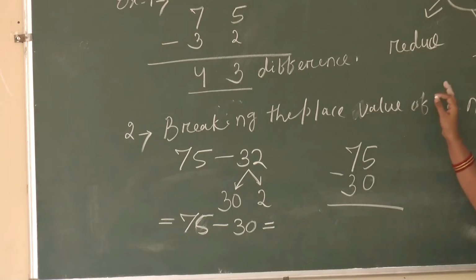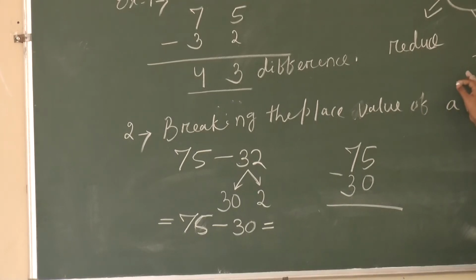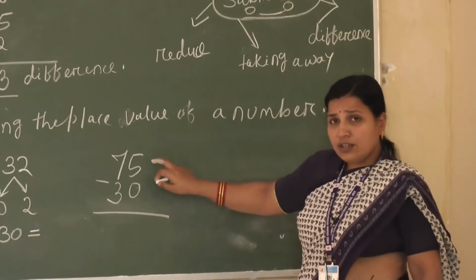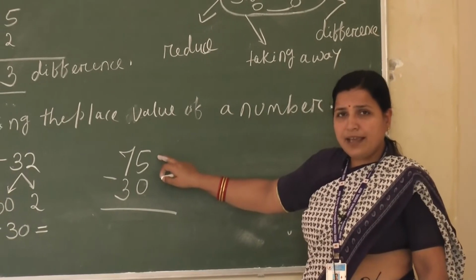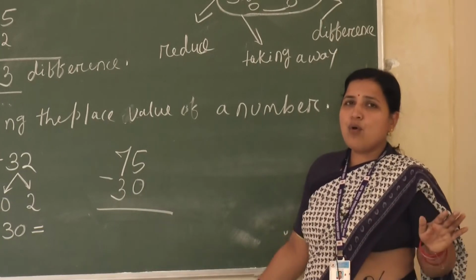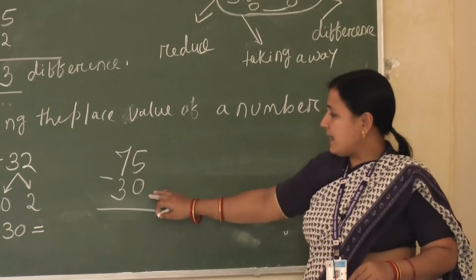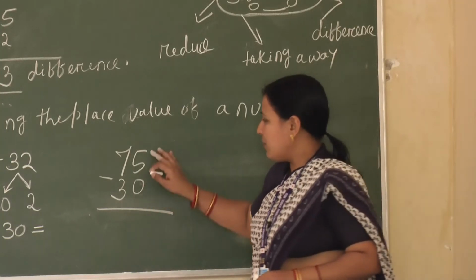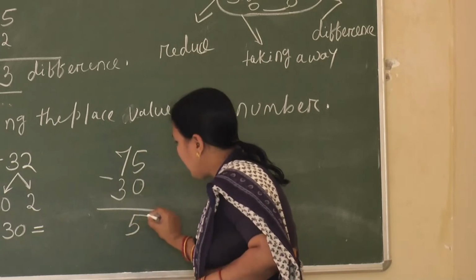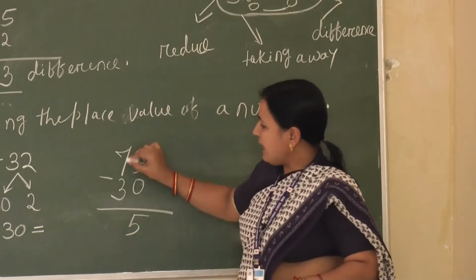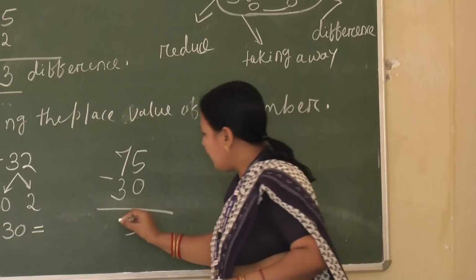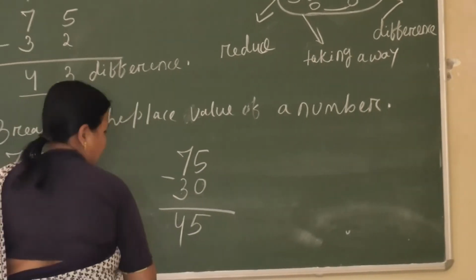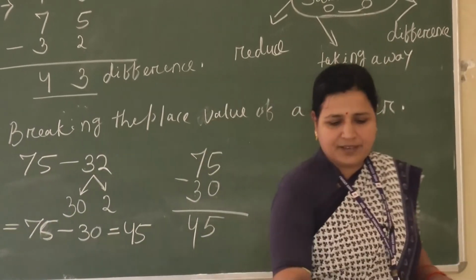I say when I write the rules and regulations of subtraction, when you subtract 0 from any number, the number has no change. 0 will stay there, the result, the difference, is the number itself. So 5 will come down. And 7 tens minus 3 tens, you already know, is 4. So what is the difference? 45.